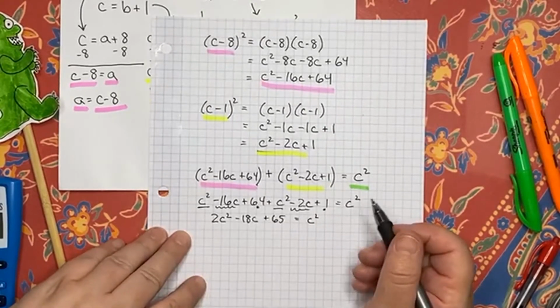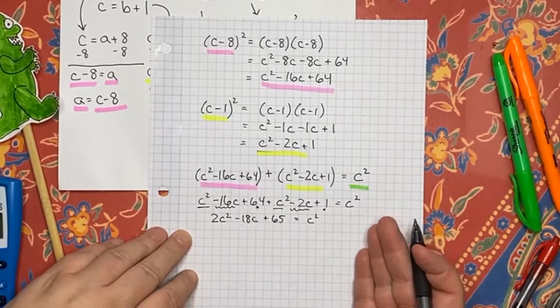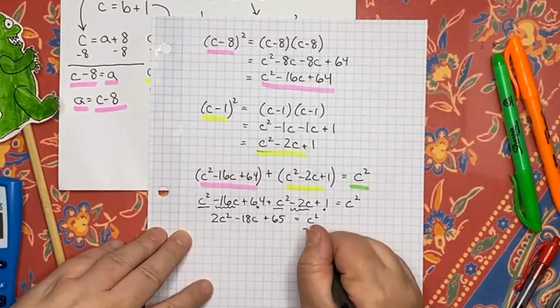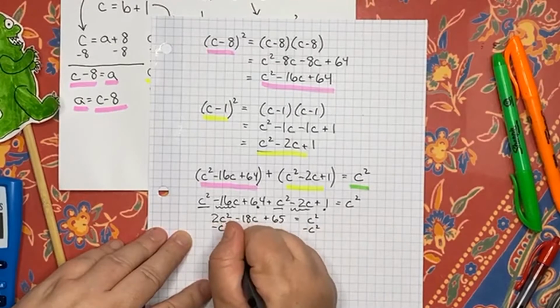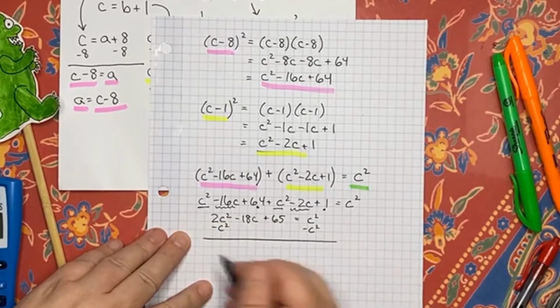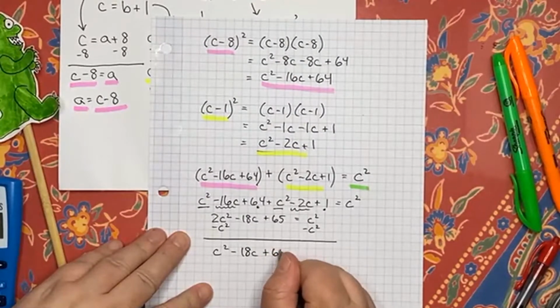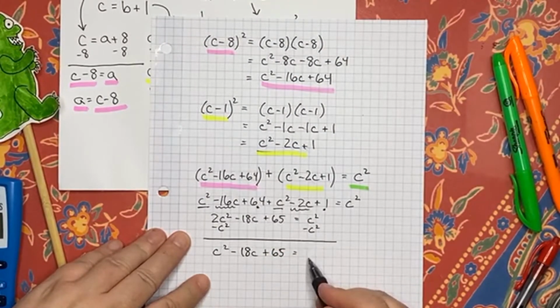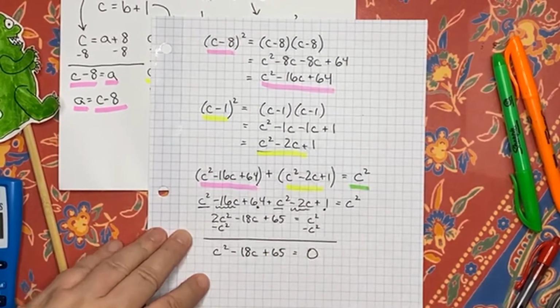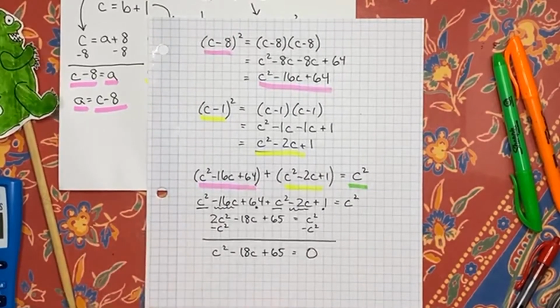Okay, now I'm going to do something following on with what we were doing back in 6.7. I'm going to subtract c squared from both sides. c squared minus 18c plus 65 equals, remember, if I subtract everything, that's 0. And now I finally have a quadratic formula.